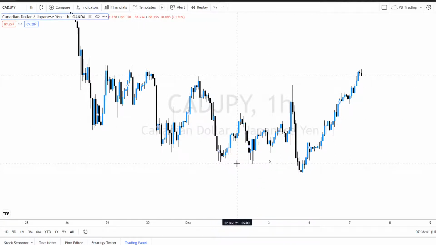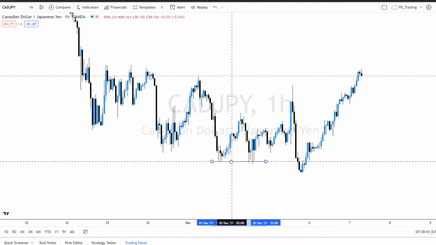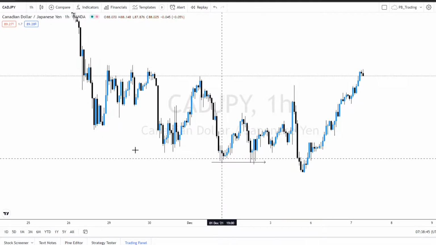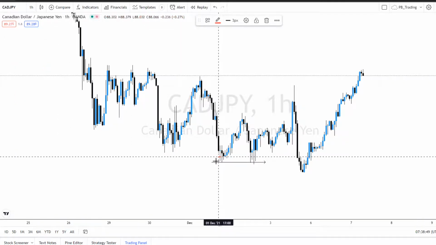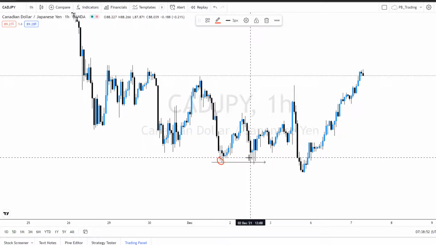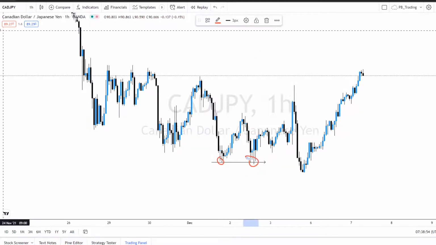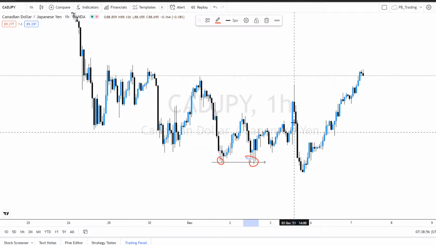So price broke out equal lows again here, took out equal lows, 1, 2, and then came down here.